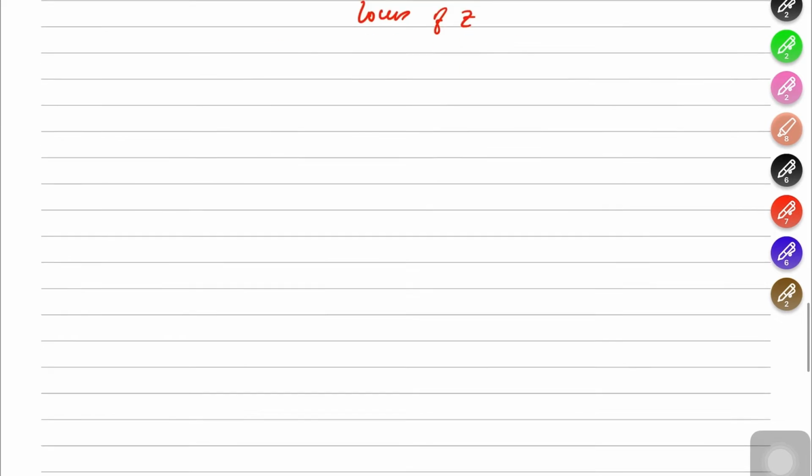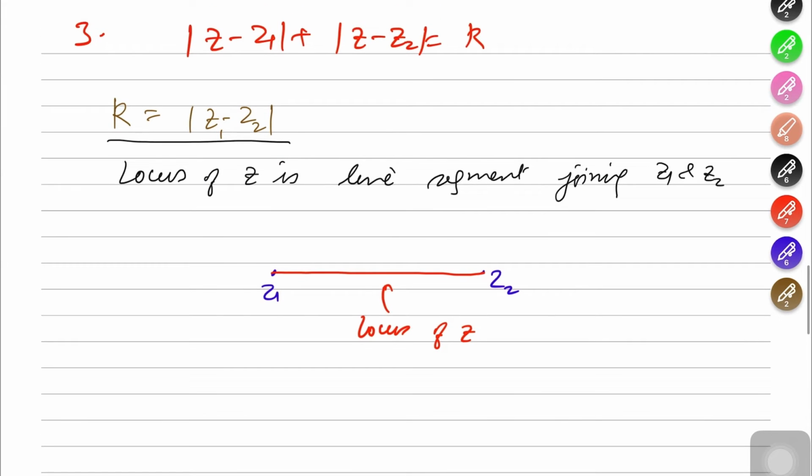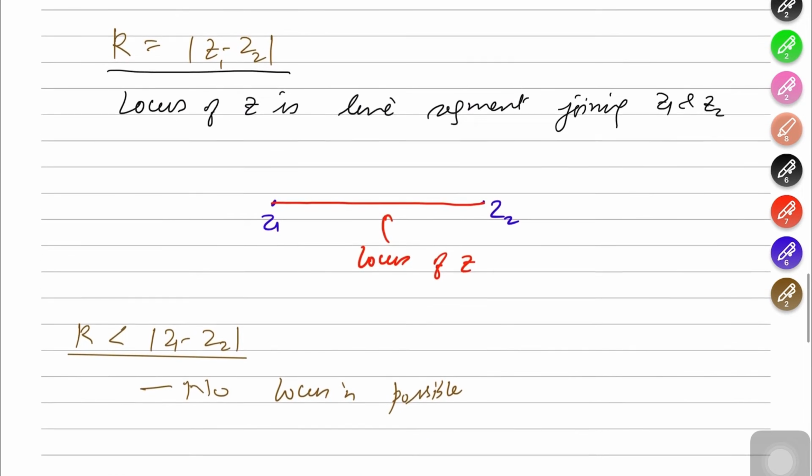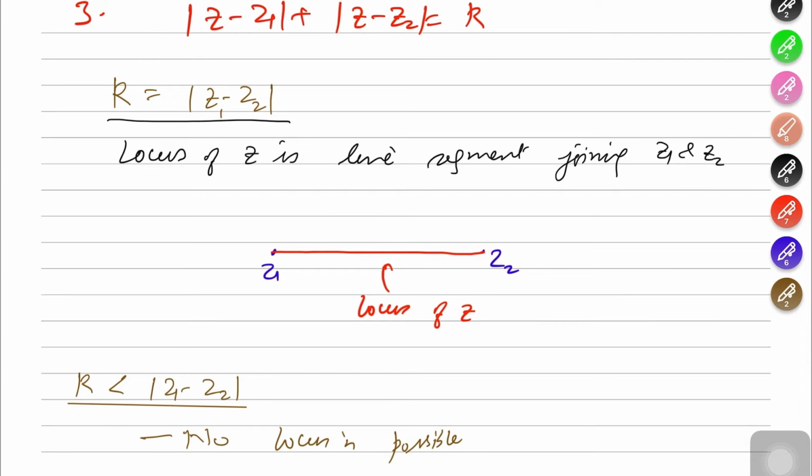What if K is less than |Z1 minus Z2|? So obviously in this case no locus is possible, no Z is possible. Clearly why? Because the sum of two sides is less than the third side.